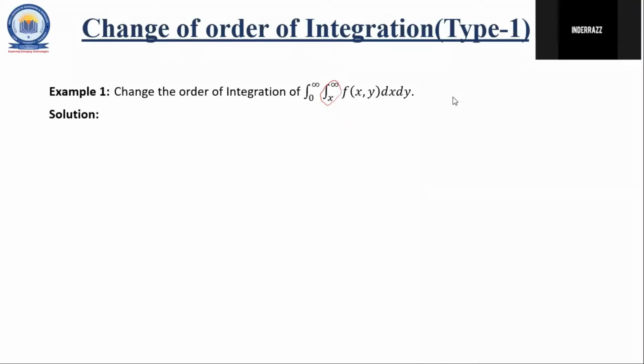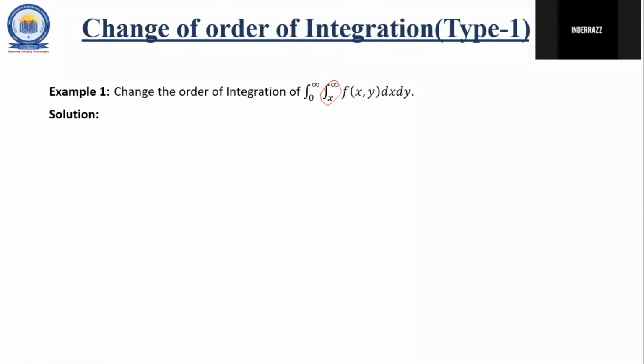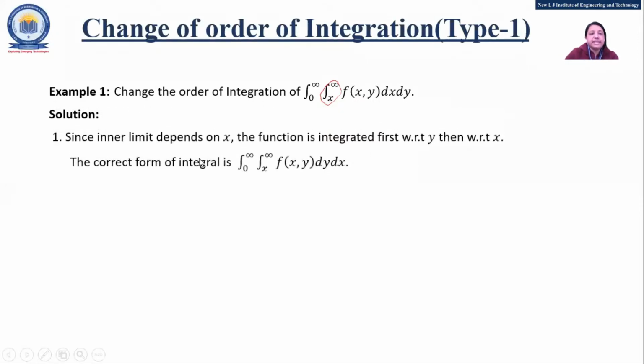So first you need to do the integration with respect to y. That is the meaning, that we have seen yesterday, right? So that is the thing. Yes, dy. Okay, many have written it's dy. So you can see that it depends upon x. So we can say that the function is integrated first with respect to y and then with respect to x.